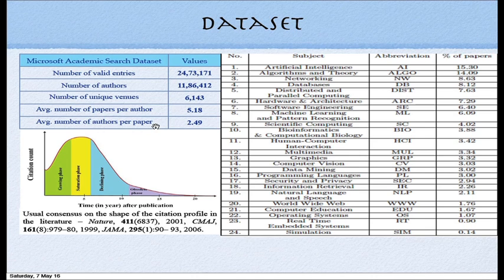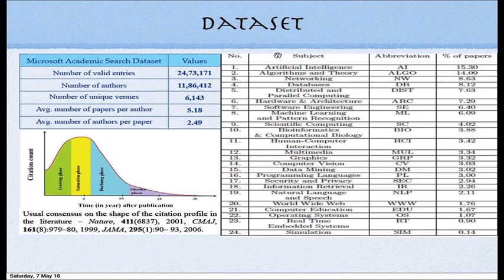This data is mostly related to the computer science field. Usually in computer science, what is observed is that most articles are written by 2 or 3 authors. You usually do not see papers written by 10-20 authors as you see in other domains like biology.